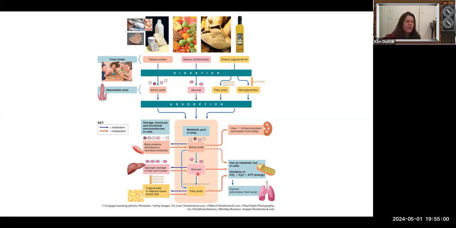So we have this means of storing. So what we're going to look at is how these two hormones, insulin and glucagon, regulate this. We'll look mainly at how it regulates plasma glucose levels, so that we always make sure we have some available to our cells.